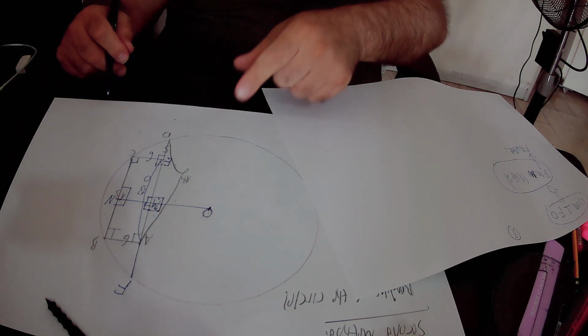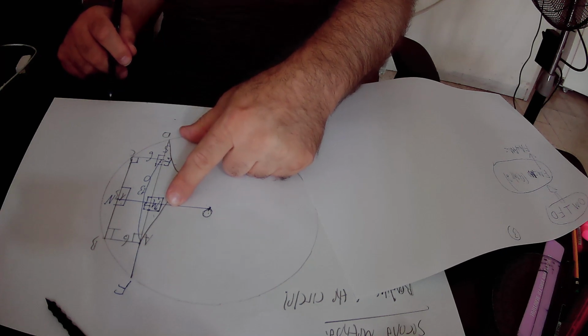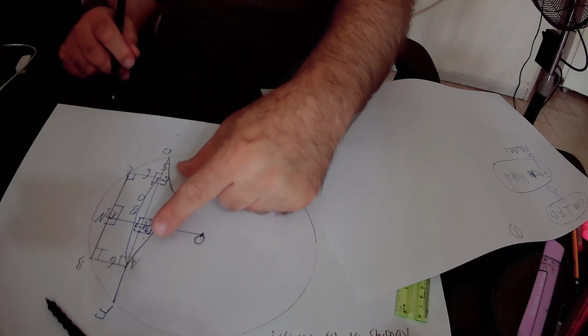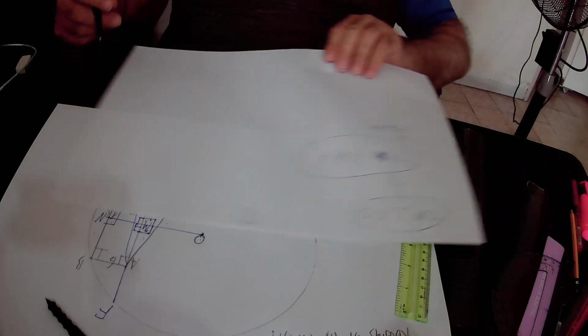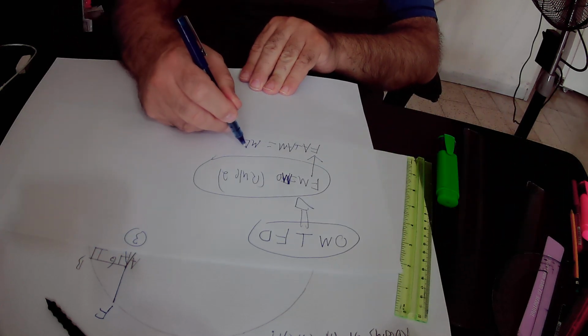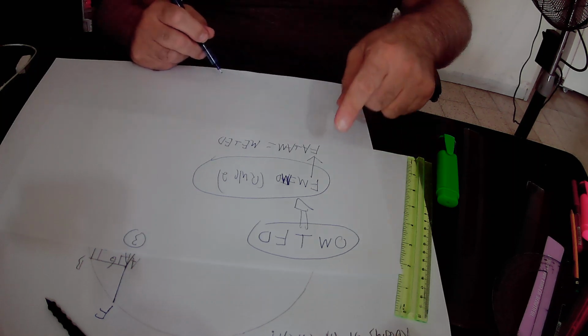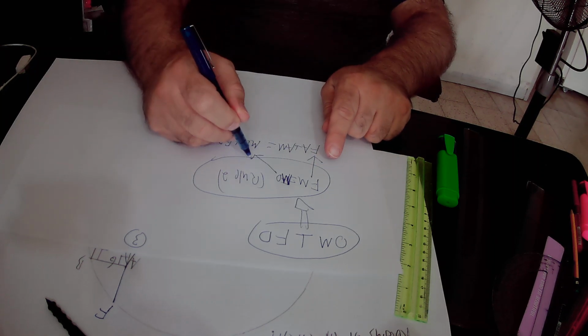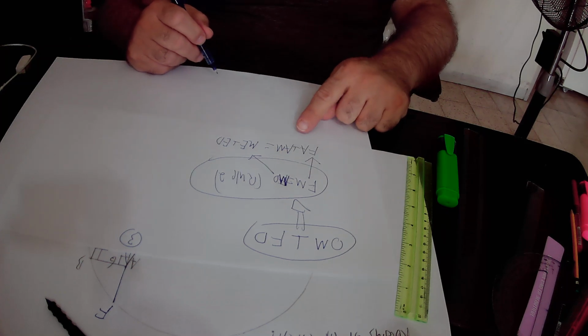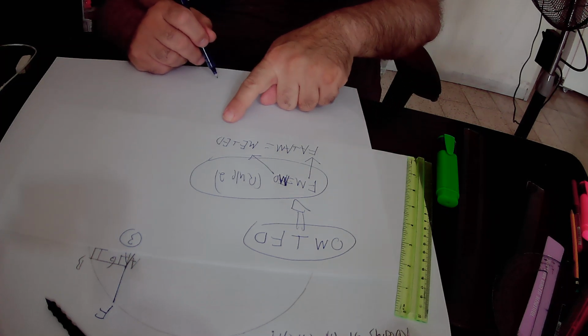So what is the value of MD? From the drawing it is very easy to see that MD equals ME plus ED. So FM equals MD means that FA plus AM equals ME plus ED.